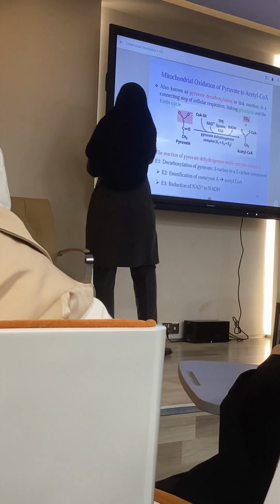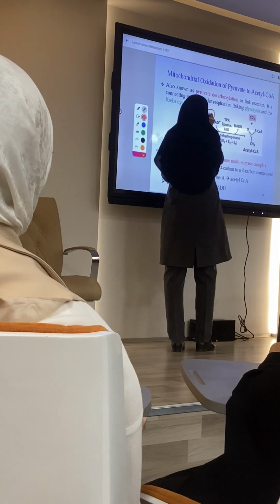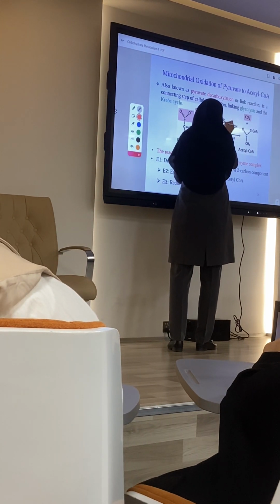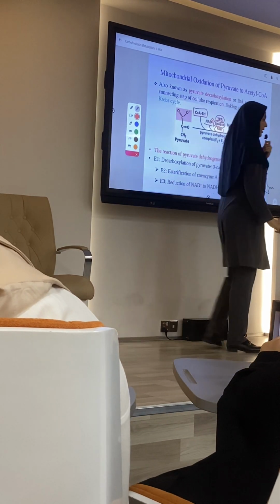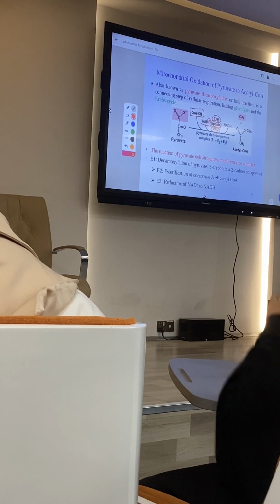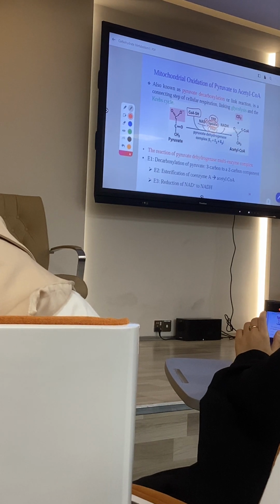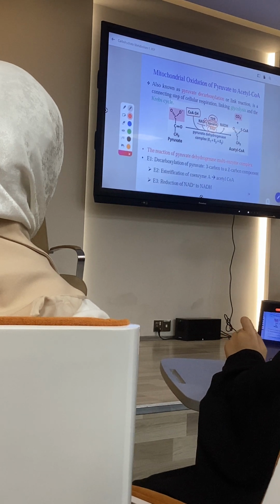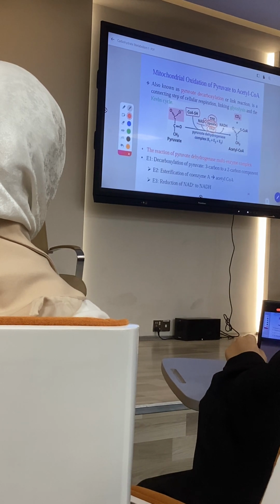What is very important is the requirement of coenzymes: NAD plus, please pay attention, not NADH, thiamine pyrophosphate, FAD, and lipoic acid. Maybe I ask about the requirement. If in a list of requirements I put NADH, is it correct or not? No. NADH is produced. Who is required? NAD plus.